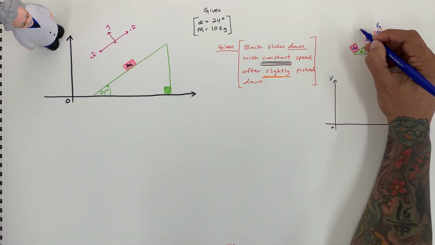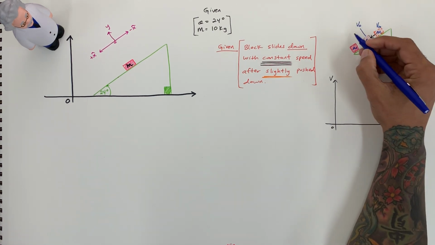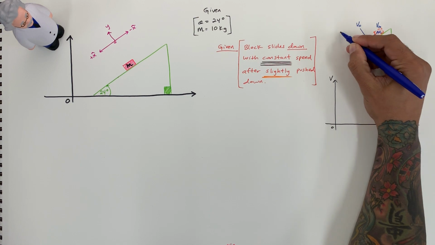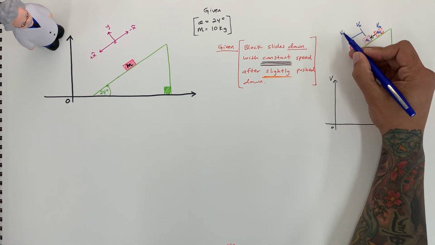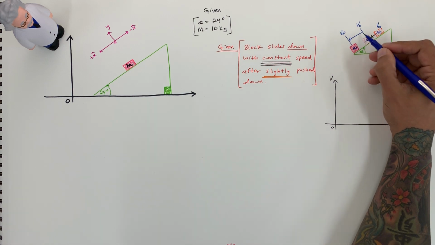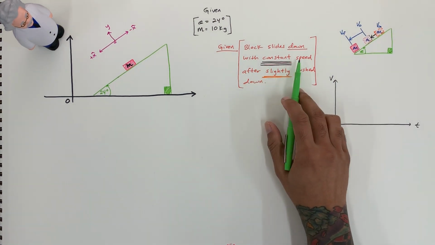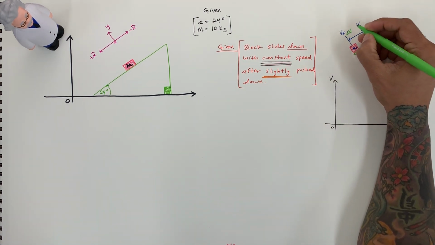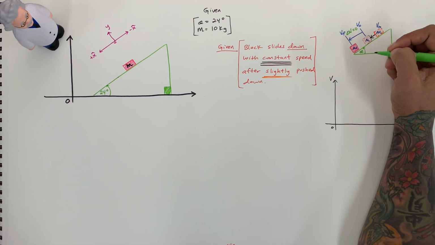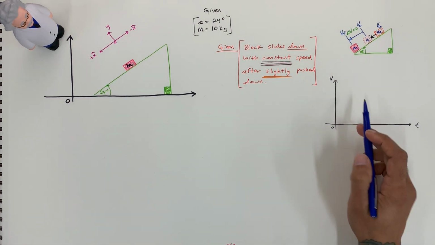So we're going to say that this point here is our velocity initial, and right when it gets to here is our velocity final. But during this time, it was traveling at a constant speed. So the change in velocity was 0. Okay, so let's take a look at what that means in this graph here.